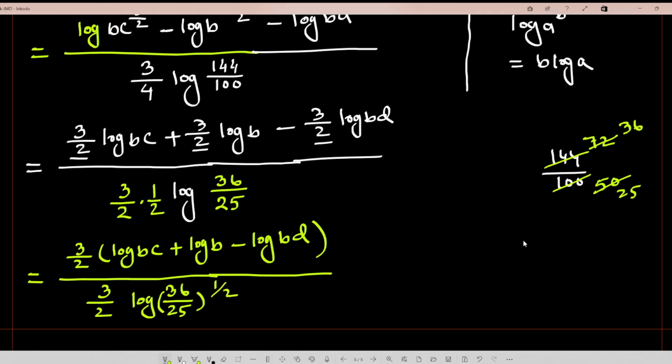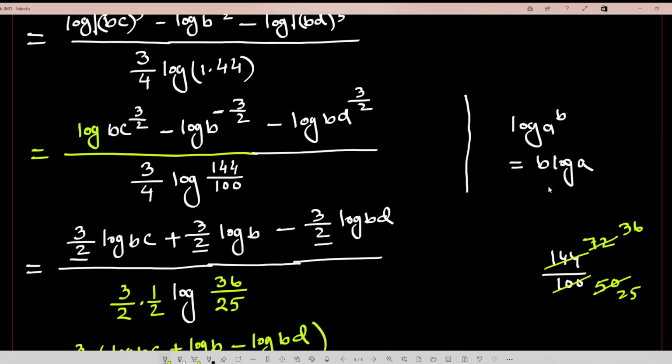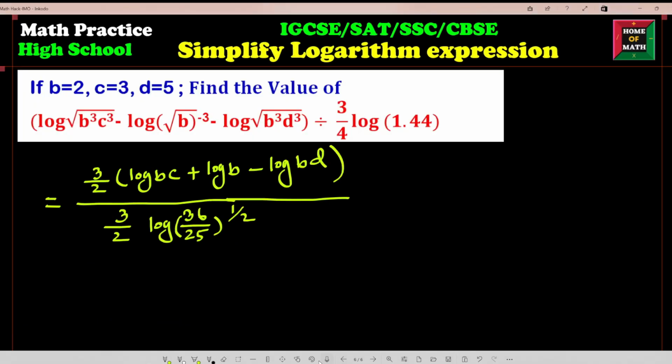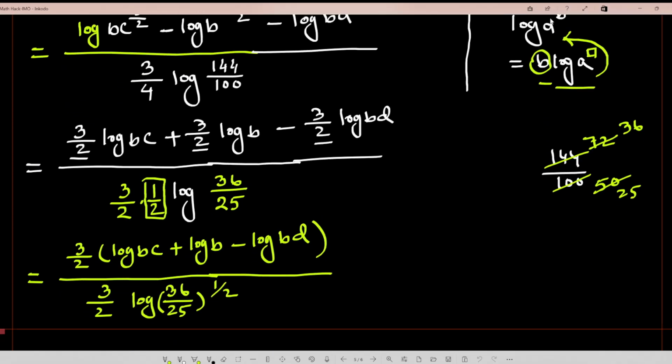How? Look, this one b log a we can write like this. It means b can be a power, similarly here is 1/2 power in here. So from the last page, it means we finish in here.